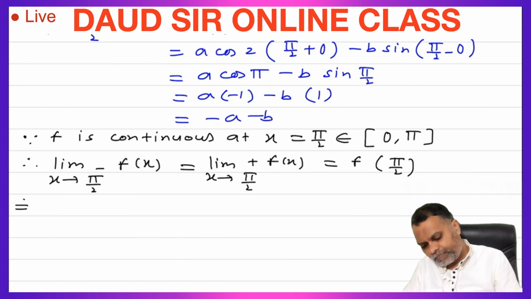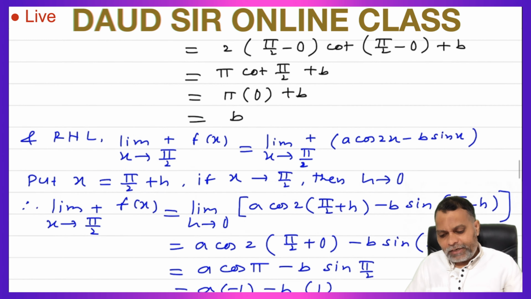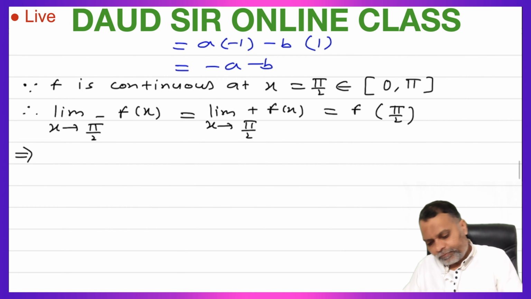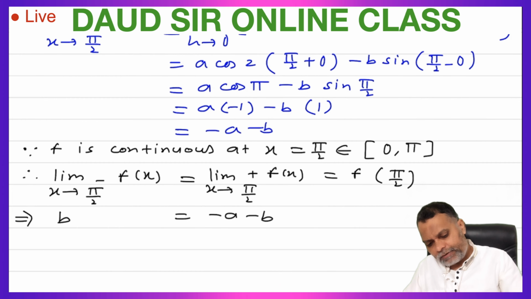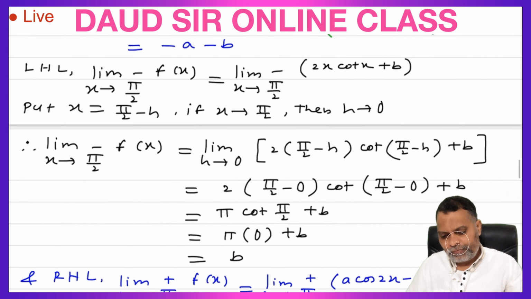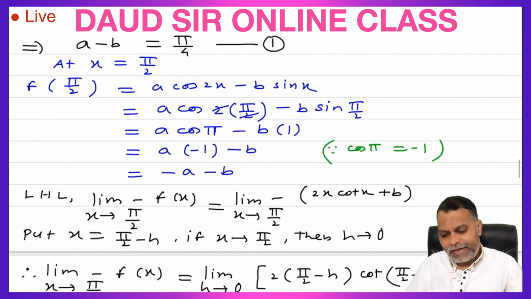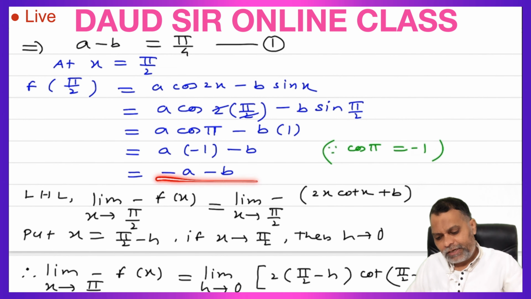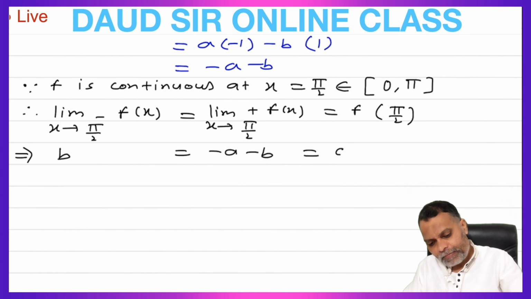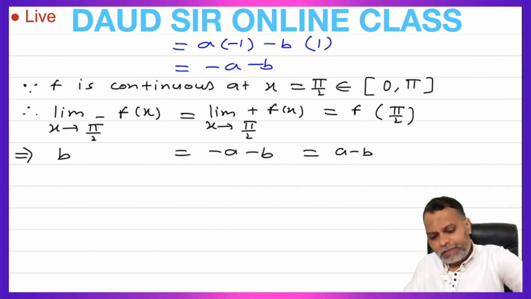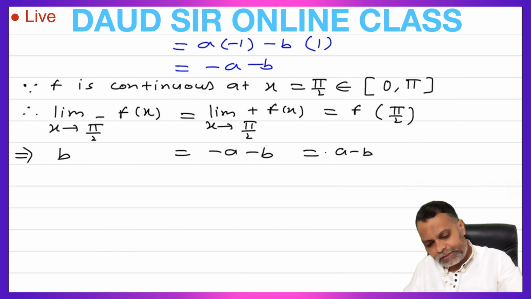Substitute the values. Left hand limit b is equal to right hand limit minus a minus b, f of pi by 2 is minus a minus b.